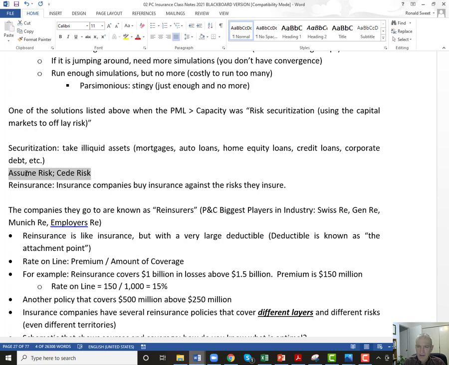So on the life insurance side, life insurance companies tend to do both assume and cede. On the property casualty side, there's a particular part of the industry that does the reinsurance. So there's an entire group, like Swiss Re, Munich Re, Gen Re. You see the word Re after it. That's definitely on the property and casualty side.